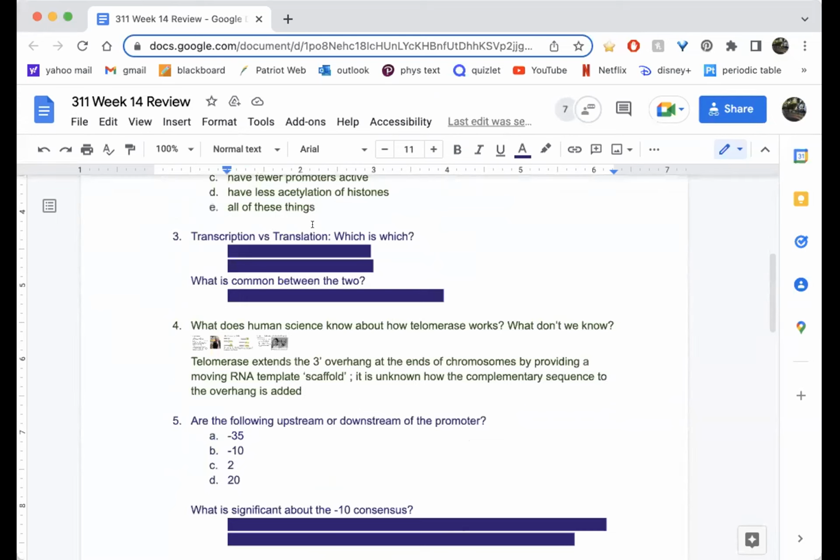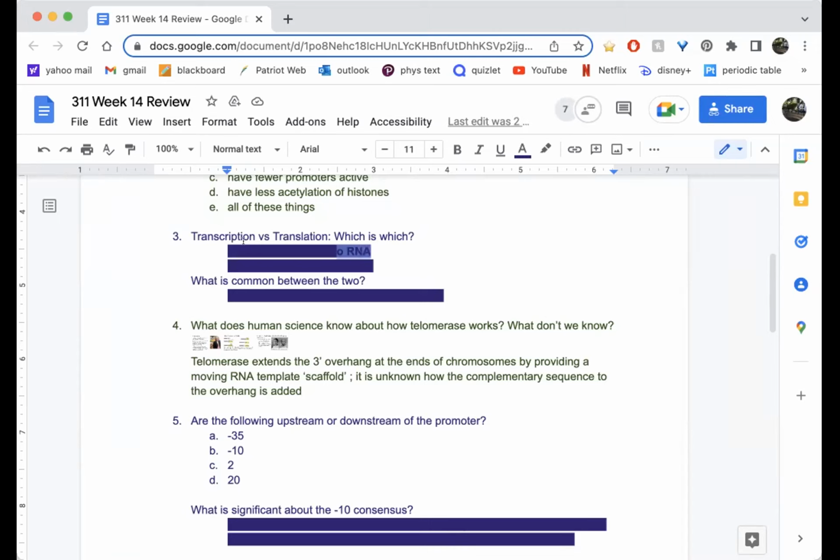So transcription versus translation. This is a pretty basic question, but the two sound pretty similar, and so people tend to get them confused. We know the central dogma is DNA to RNA to protein. So knowing that, transcription is which part of that?